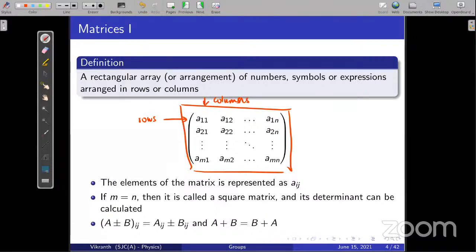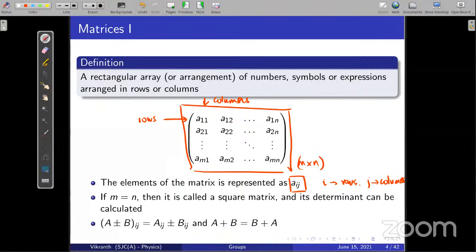And this is a matrix, and we call this a matrix of order m cross n, m rows and n columns. Each element of this matrix is represented as aij, where i represents the rows and j the columns. And if m equals n, you have the number of rows equal to the number of columns, then obviously it's square in shape, and so you call them square matrices.